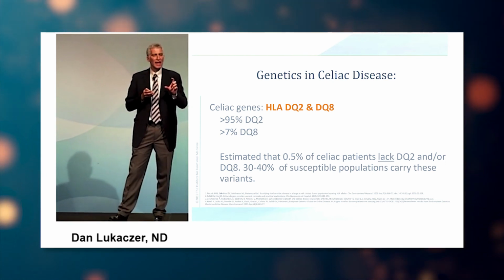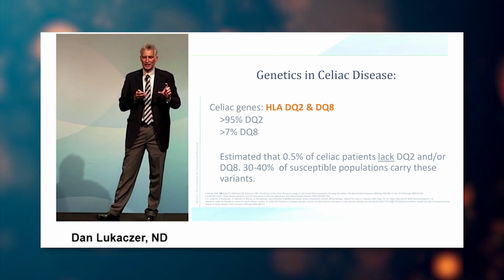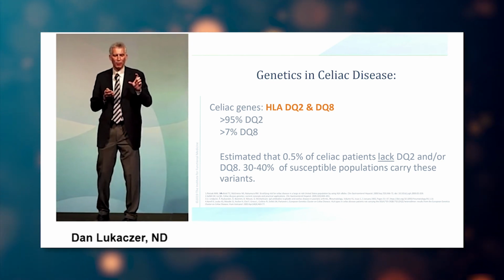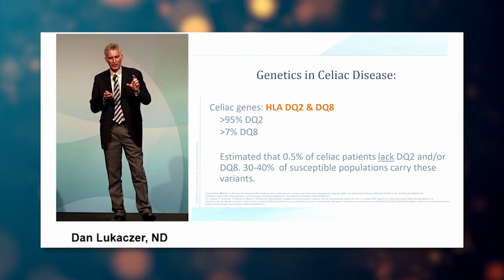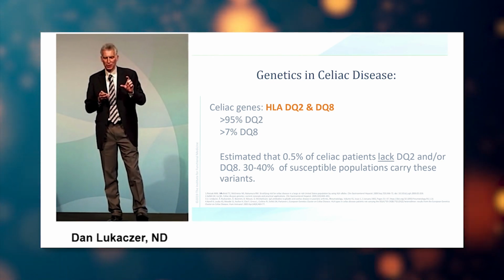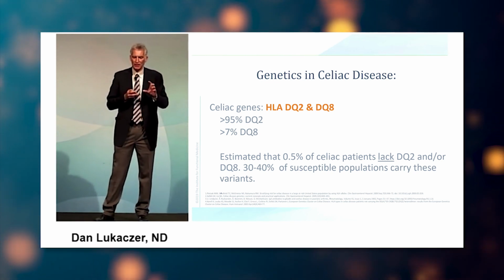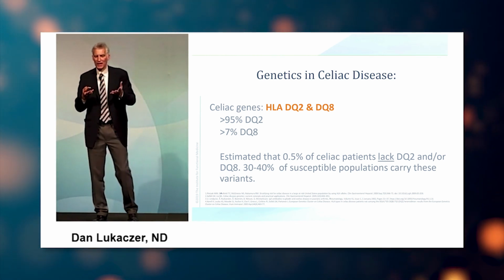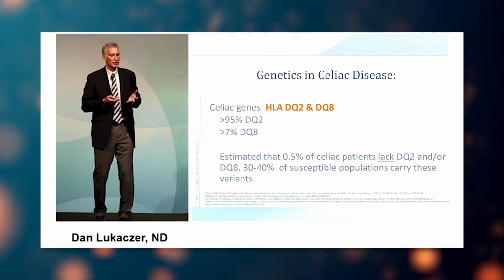Basically, greater than probably 98% of everyone with celiac disease has one or both of these genetic variants, HLA-DQ2 and DQ8, but a third of the population, as Tom said, carry that gene and will never develop celiac disease.